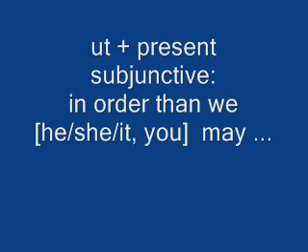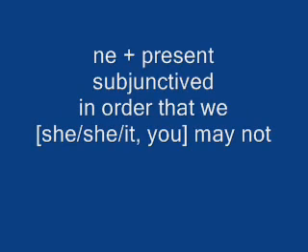In order that may, and that's ut plus the subjunctive. There's also the negative of that, which is ne plus the subjunctive, and that I say is translated as in order that we may not. The book suggests "lest we," but I think that's still good. I prefer you say in order that we may not.